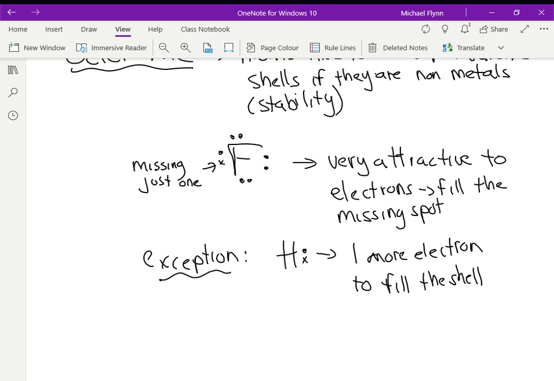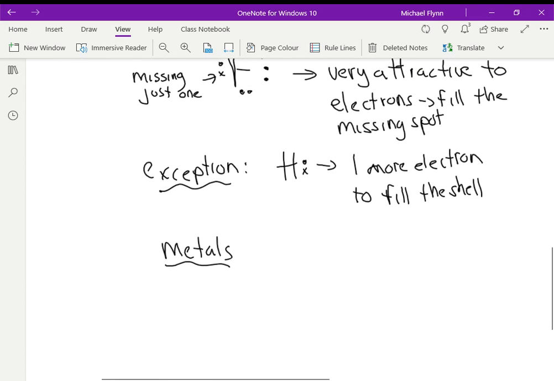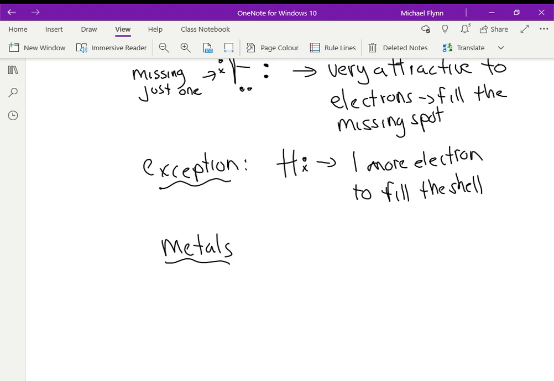Okay? Now, metals are very different. Metals don't have enough electrons, and it's too hard for them. For example, if you're sodium, sodium has 1 valence electron. Let's say you're sodium, you're an alkali metal. Well, it's going to be next to impossible for sodium to get 7 more electrons to fill in its empty spots. It's way easier for sodium to just get rid of 1 electron and see the shell underneath is full.